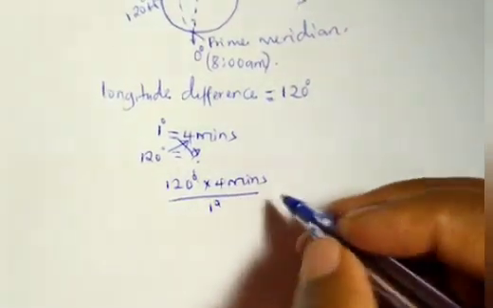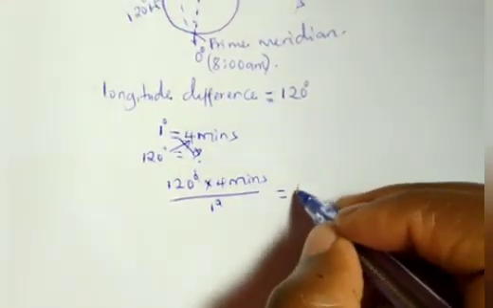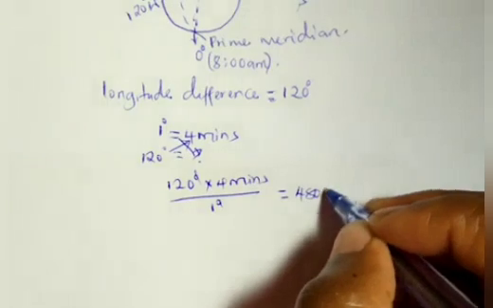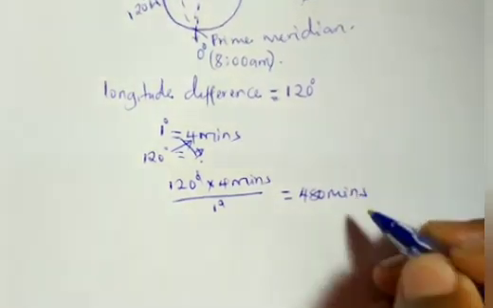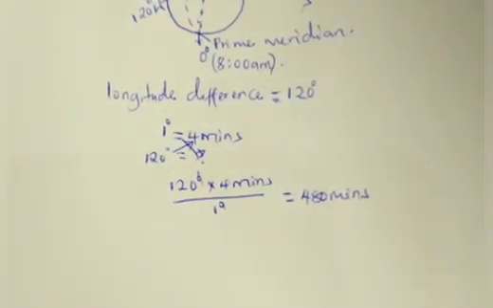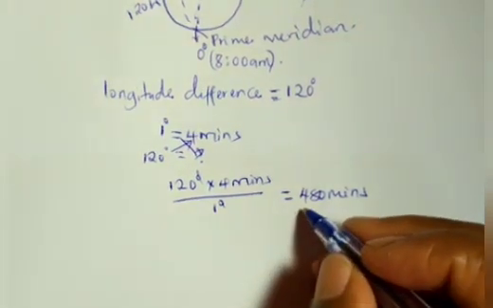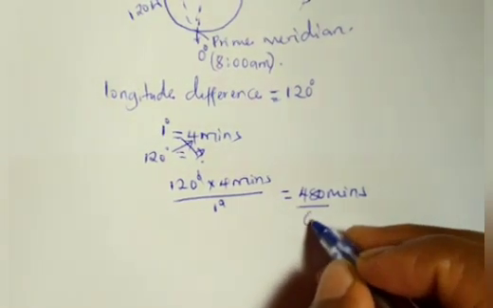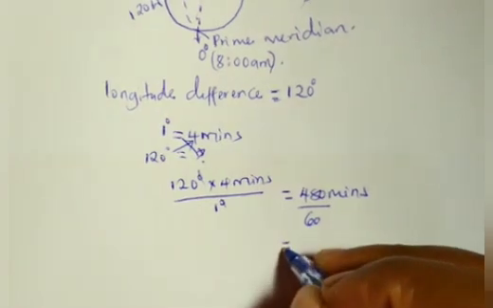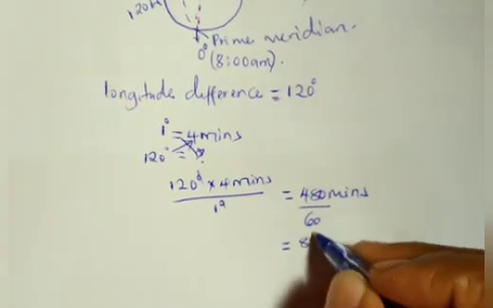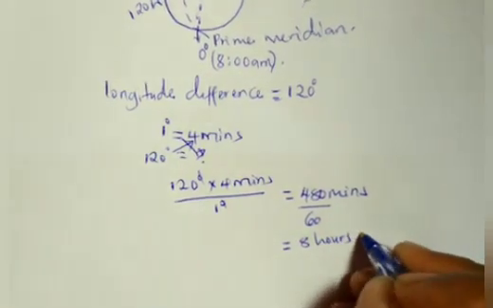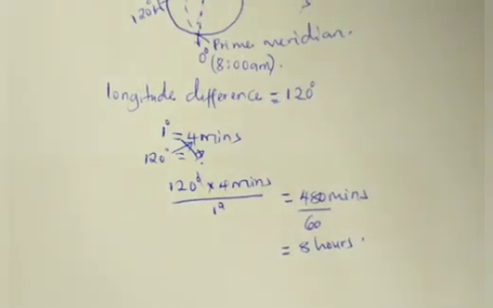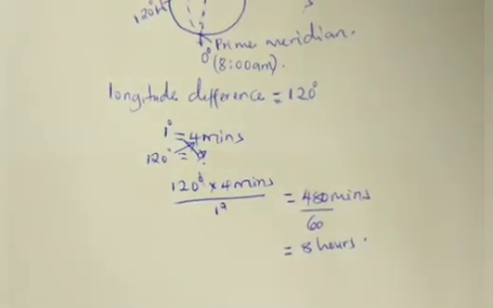Degree cancels, and then we have 480 minutes. We can convert those minutes to hours by dividing by 60, which is equal to 8 hours.